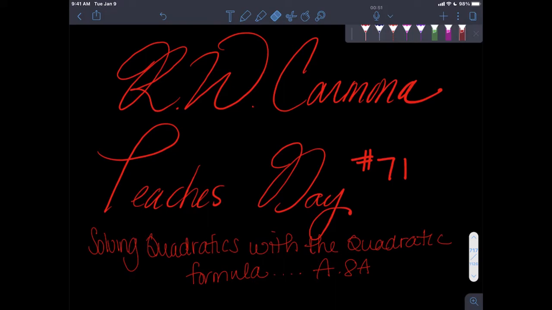Now, this quadratic formula that we're going to be learning today was a little bit more applicable before people had calculators. The reason is that sometimes you cannot solve an equation by factoring because it has really crazy roots. They might be crazy decimals or radicals or all kinds of interesting numbers.